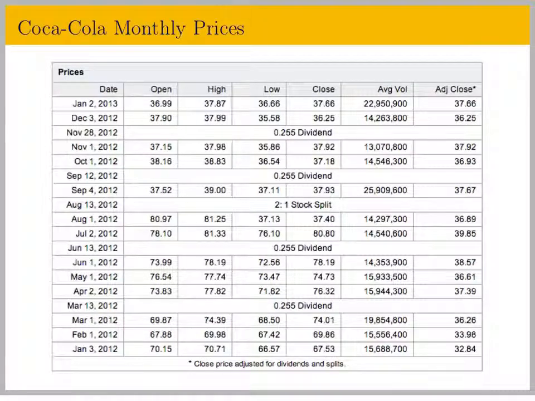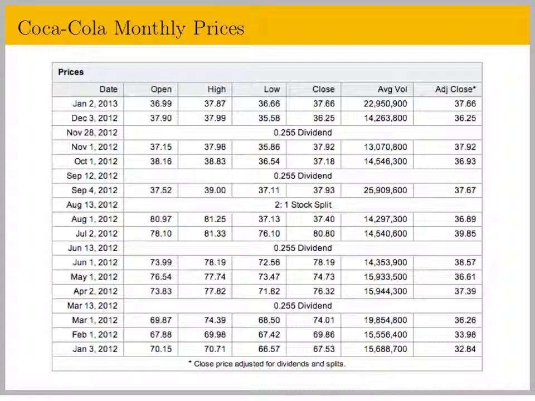Now, as I mentioned before, with the Coke historical prices, we see that dividends were paid in November, in September, and August. Well, there's a stock split in August, a dividend paid in June, and in March. You'll see that when the stock split occurred, there was this drastic drop.